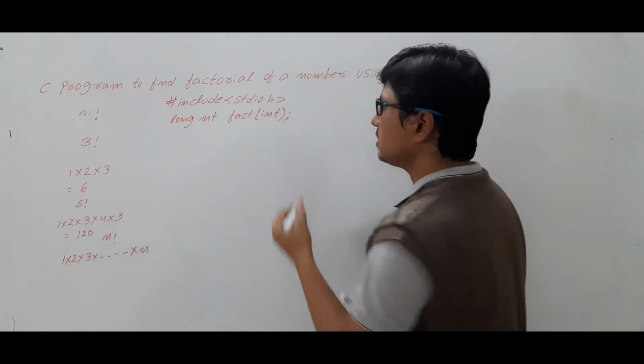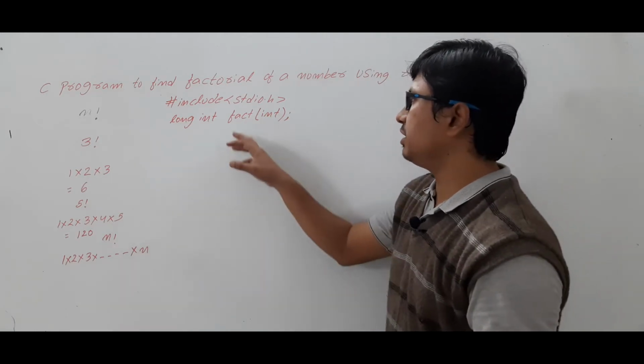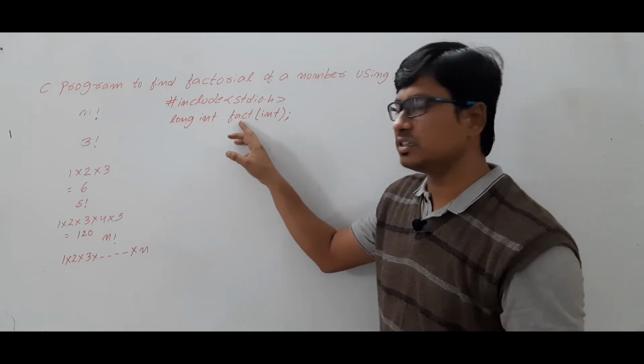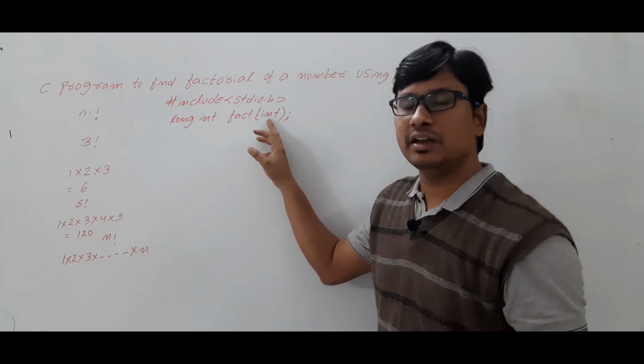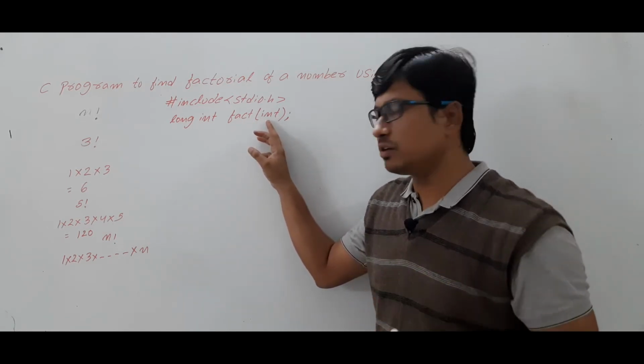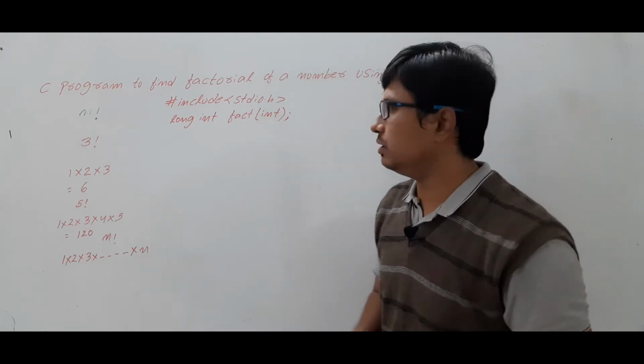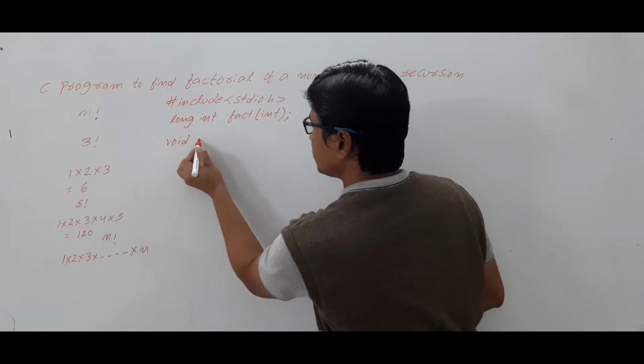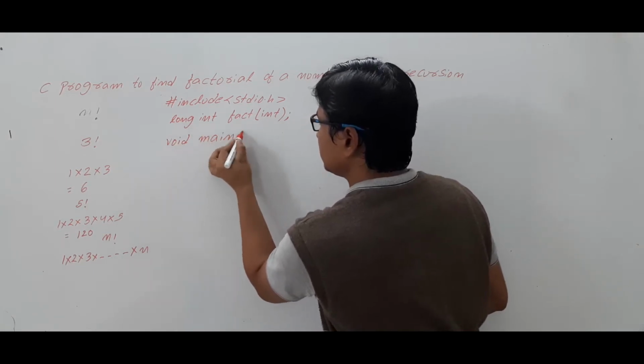So this is the declaration of a user defined function called fact, whose return type is long int, and it is taking one parameter which is an integer variable, so I'm specifying the data type.